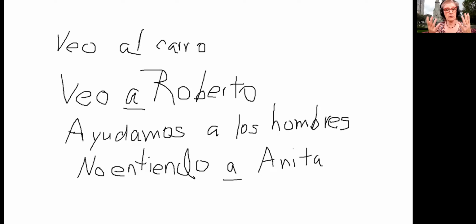Sometimes a works with verbs of motion. Sometimes a is the a personal, and in English it means nothing at all. Depende del contexto. It always depends on the context. Entonces es un poquito complicado. So it is kind of a complicated thing.